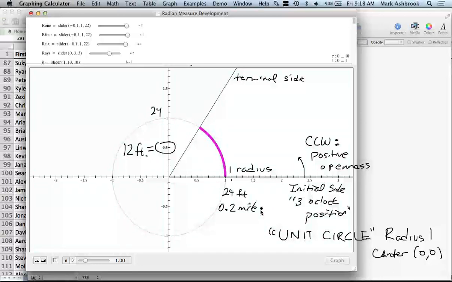A circle of radius 0.2 miles can be thought of as the unit circle. How? What does the 1 mean? That 1 is 1 what? Radius. 1 radius length, but now our radius length is 0.2 miles. Okay, so that's the idea of the unit circle.